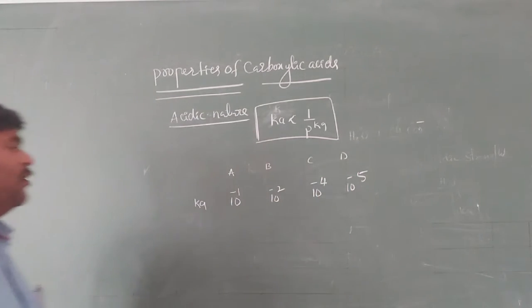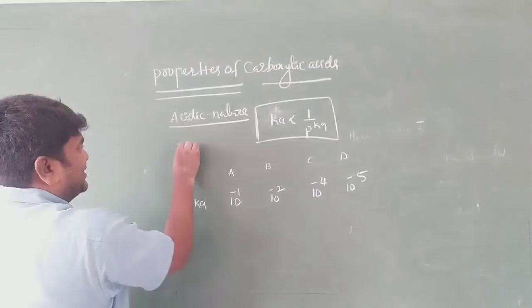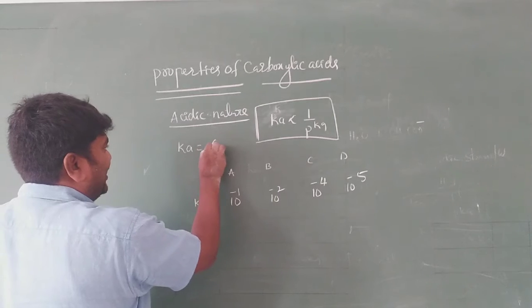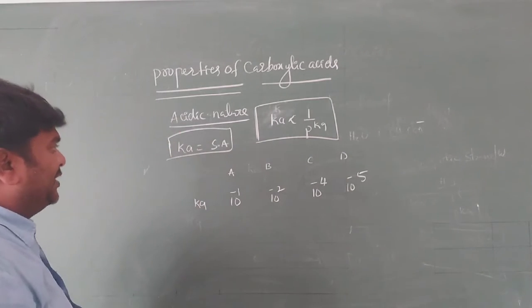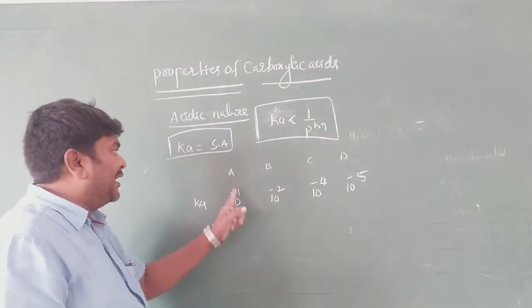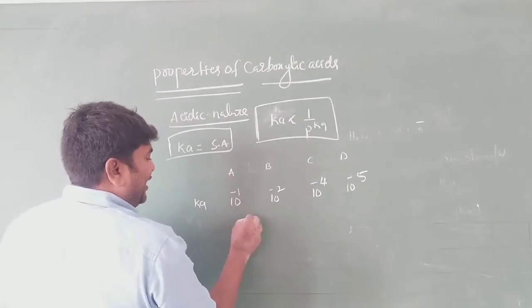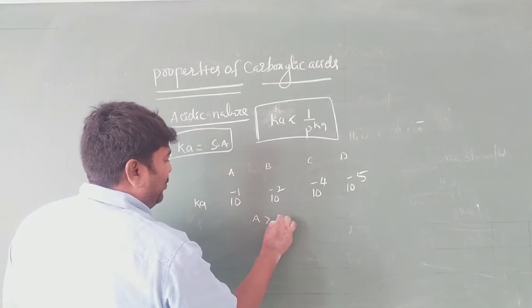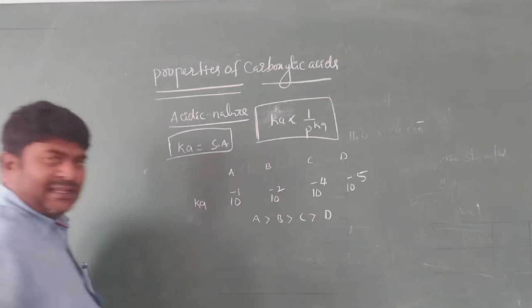See here, which is the strong acid? Ka is directly proportional to the strength of acids. Which is the higher value here? A is the higher value. That's why A is greater than B is greater than C is greater than D.